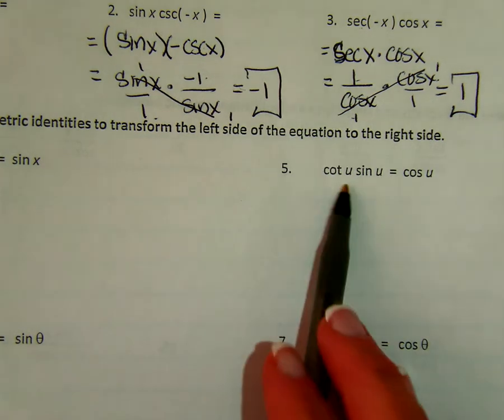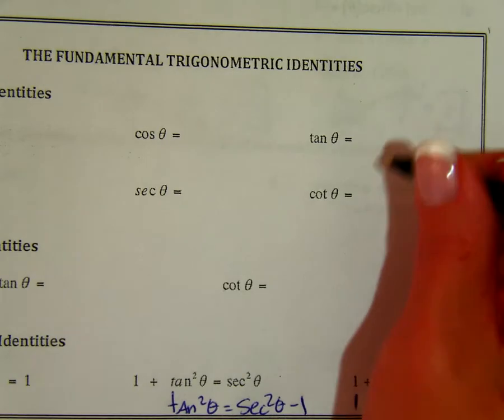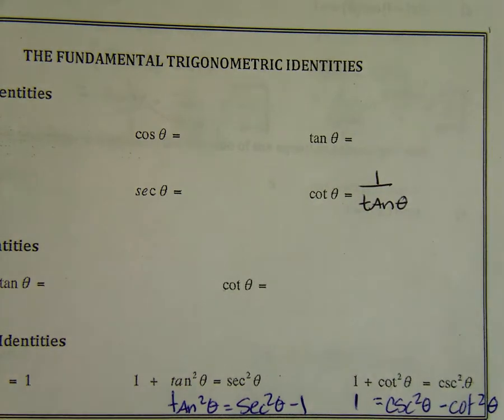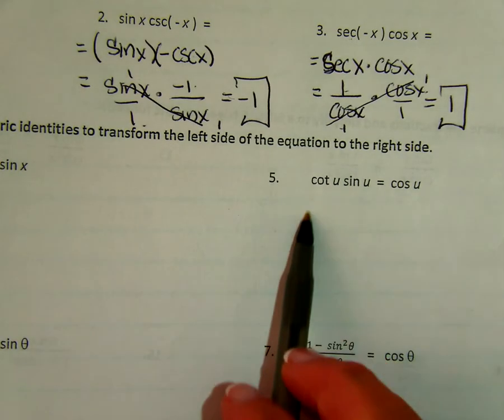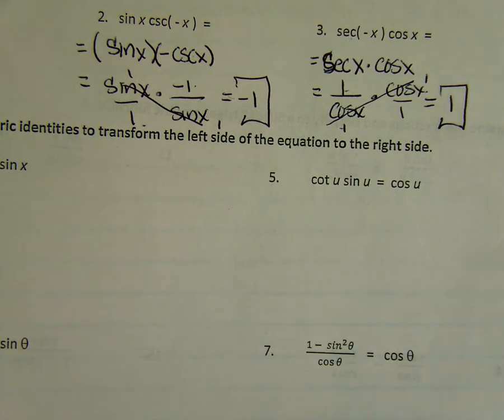So for the cotangent, I know that reciprocal identity is 1 over the tangent. And if I would substitute in 1 over the tangent, it wouldn't be very helpful, would it? Because nothing's going to divide out or simplify into anything usable.